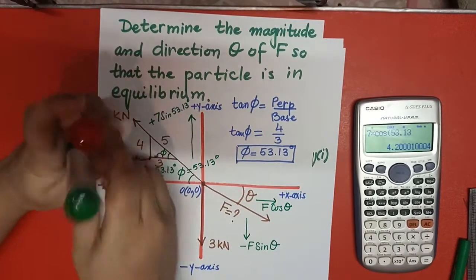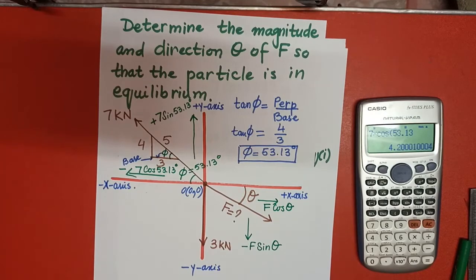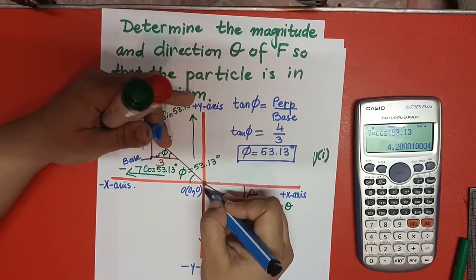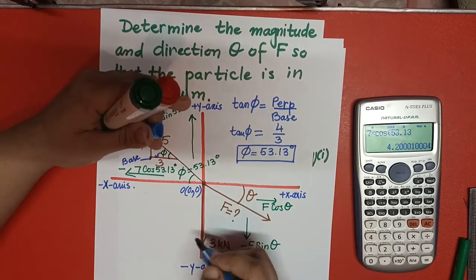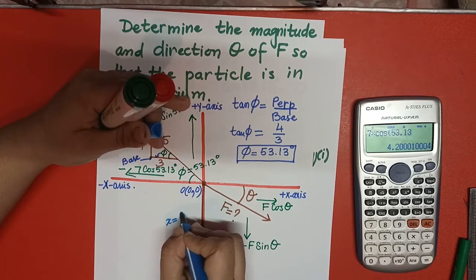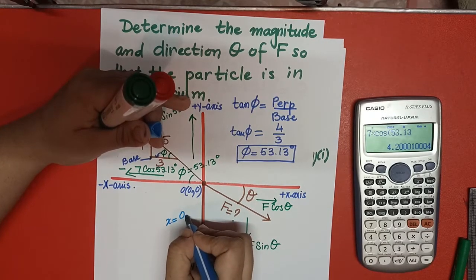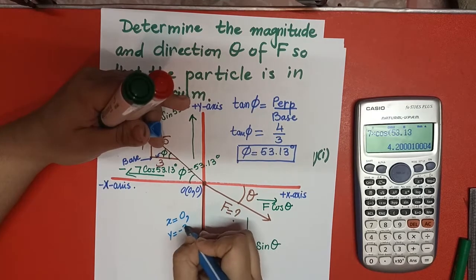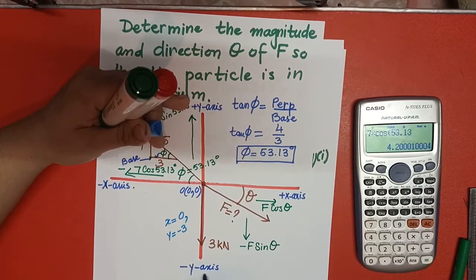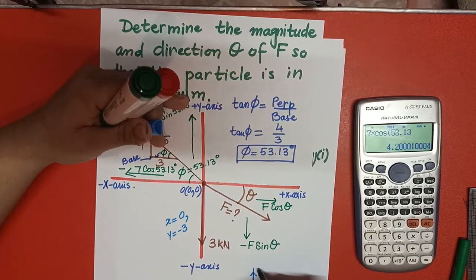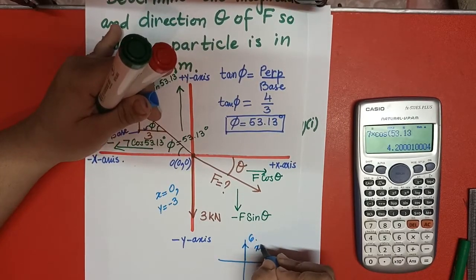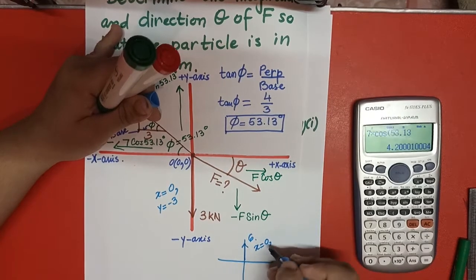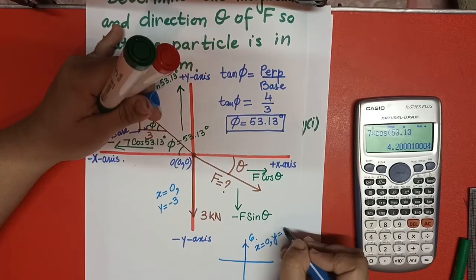Let me tell you one thing clearly: if any force lies exactly on an axis, for example the y axis, then its x component is 0 and its y component equals minus 3 because it lies on the minus y axis. If the force lies here and its value is 6, then x is 0 because it lies on the y axis and y will be plus 6.